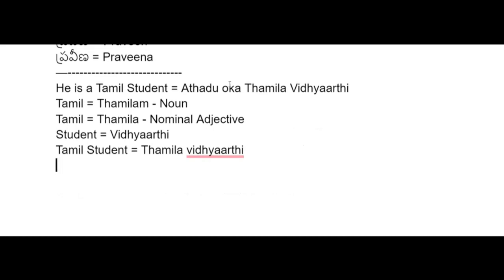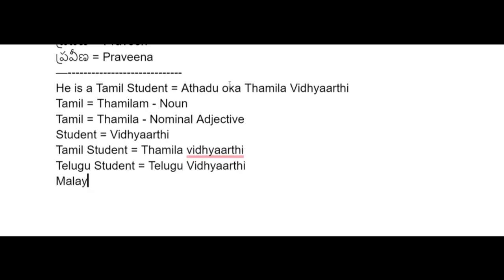Okay, now let's take one more example. Telugu student. Okay, so here there is no sound, so no need to change. So it will be Telugu vidyarthi. That's all. Okay. Let's say Hindi student, it remains a Hindi. Whenever there is sound. Malayalam student.